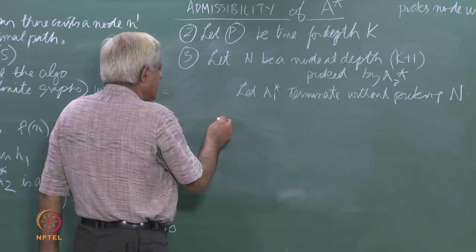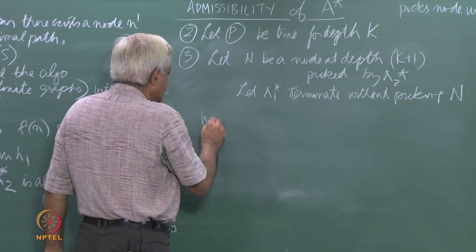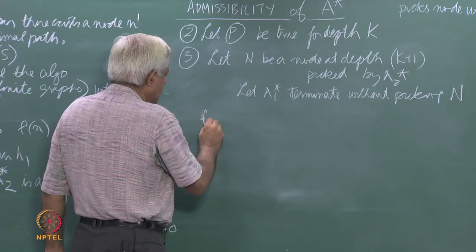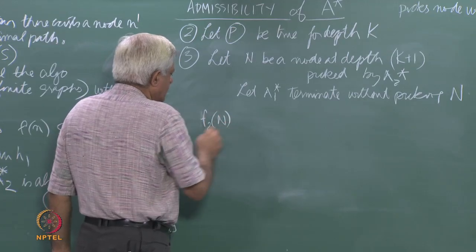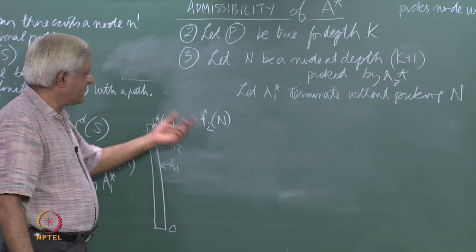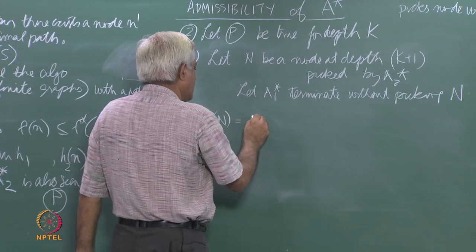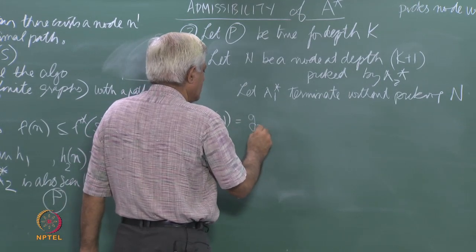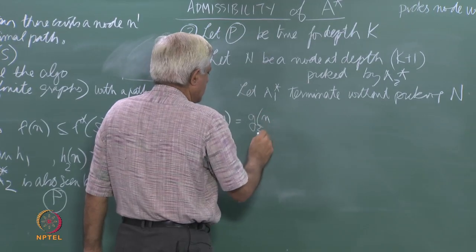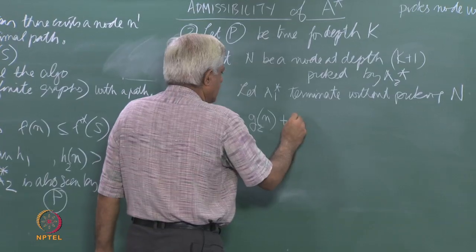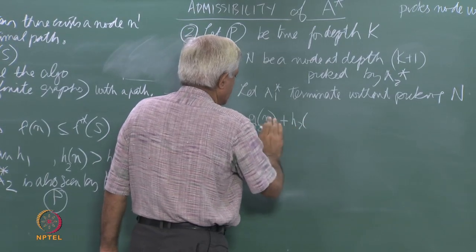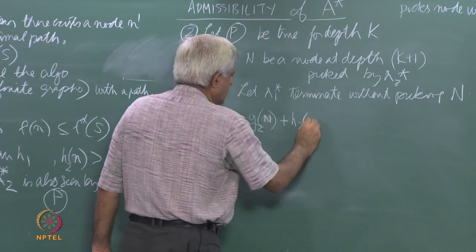Now, if you look at this value f2 of n, so f2 is for the second algorithm which is using h2, is g2 of n plus h2 of n.